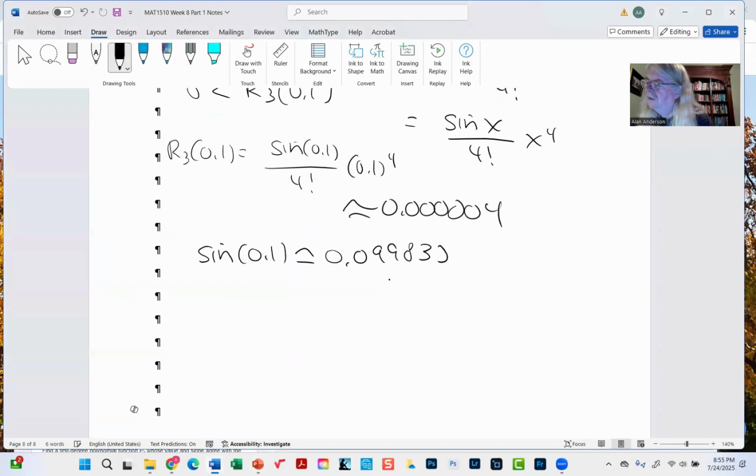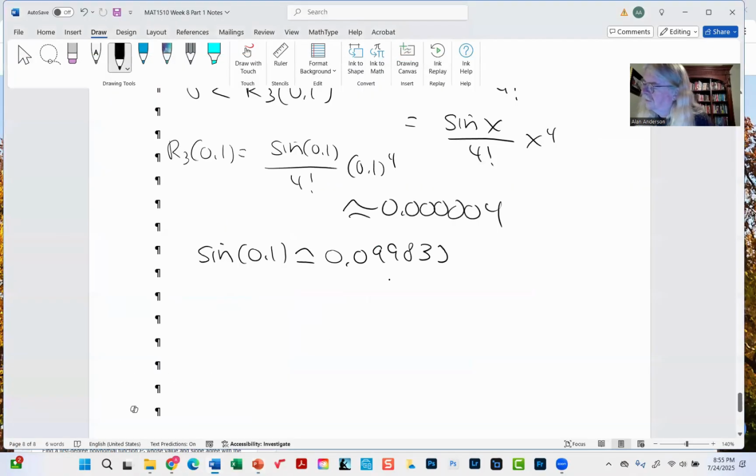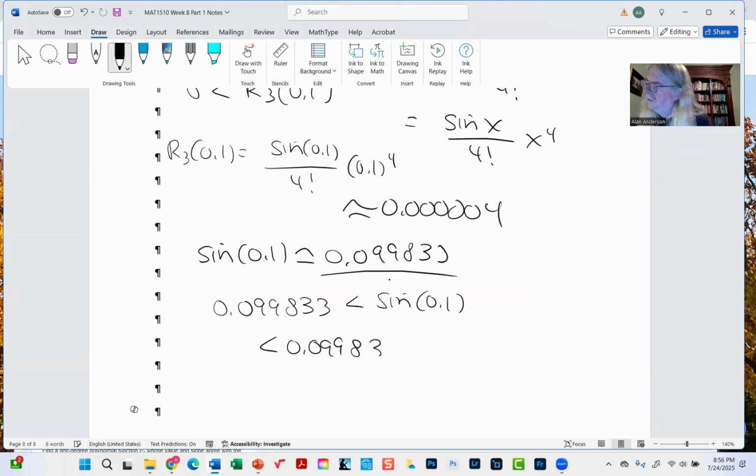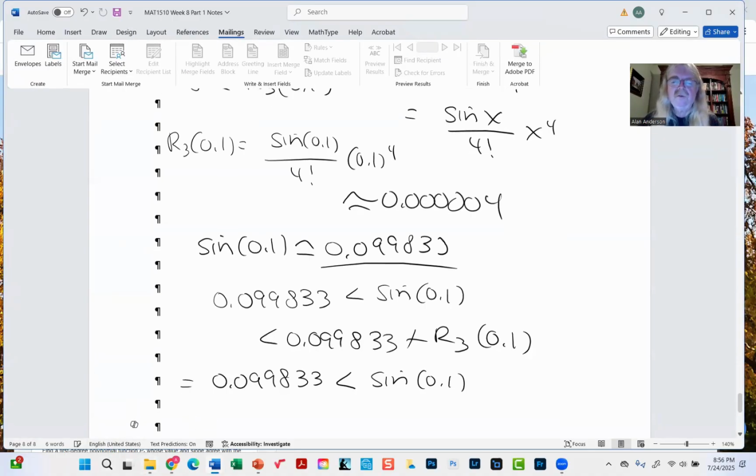So they're telling us that the actual value of the sine is somewhere between that number and the same number plus R3, which of course is, as we just saw, 0.00004.